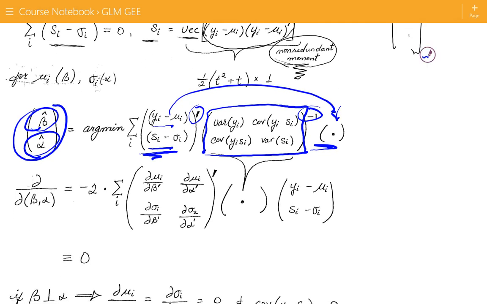So we take the derivative of the function up here, and we get a negative 2, which just goes away because it's being set to 0.